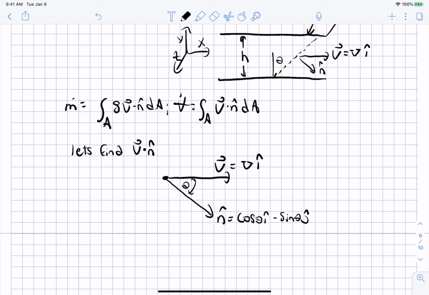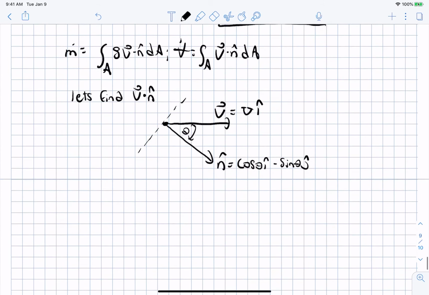So we now know n hat. Again, it just points normal to the surface, and because we know the angle with respect to the y-axis, we can figure out what n hat is in terms of theta.